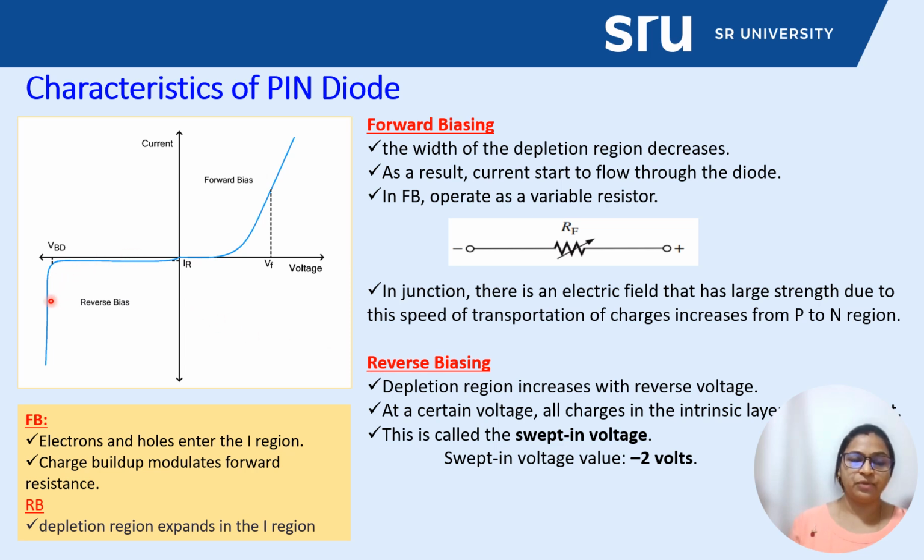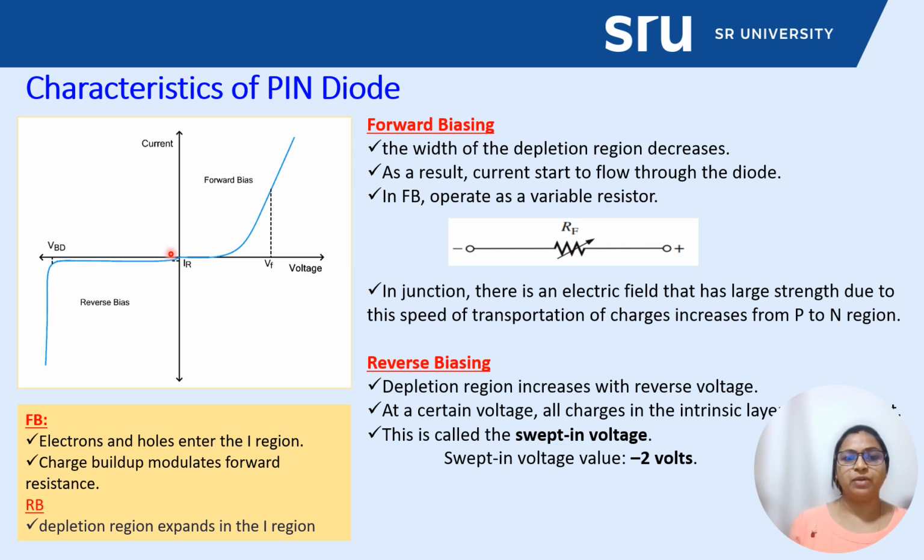On the other hand, if we see the reverse bias condition, up to this breakdown voltage VBD the current is very low, and after this breakdown voltage the current increases very sharply. Here basically the depletion region is expanded a lot, increasing with the reverse voltage. At a certain voltage all the charges in the intrinsic layer are swept, and this is called the sweep-in voltage.